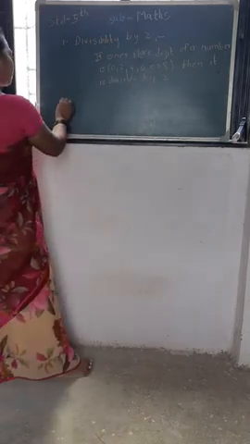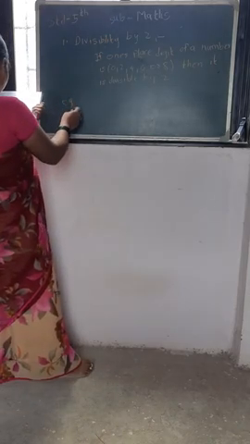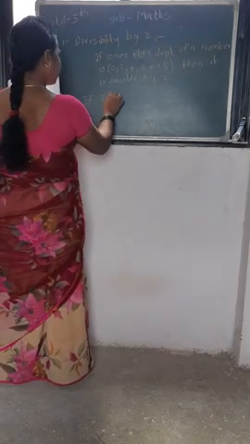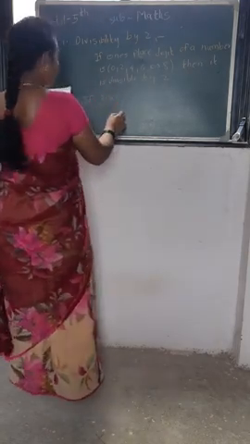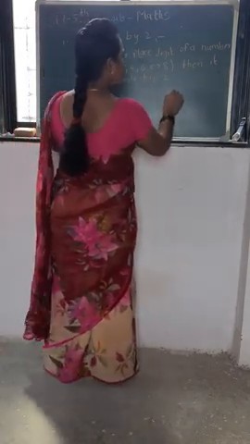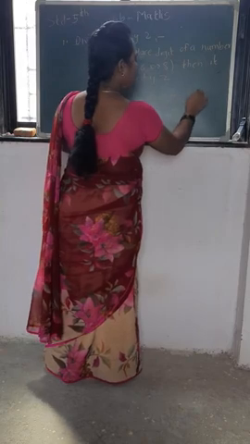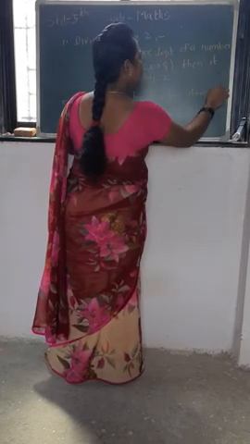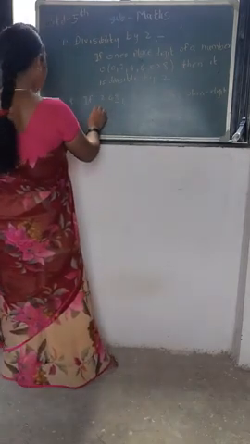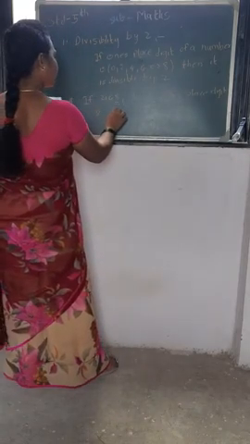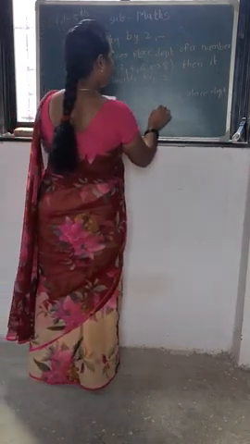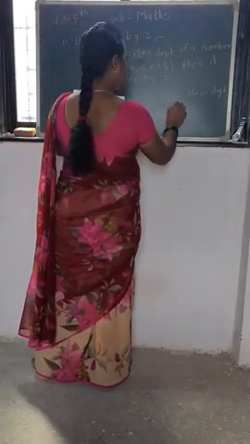For example of the first rule, take 2, 1, 6, 8. Here the one's place digit is 8. Therefore, it is divisible by 2.